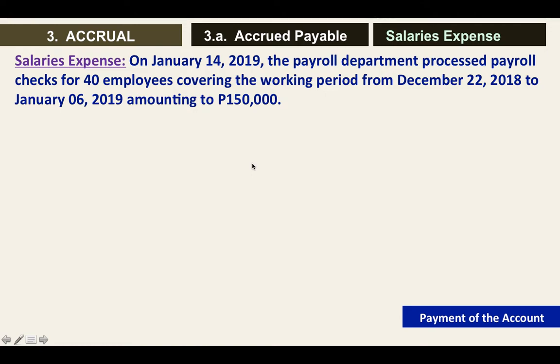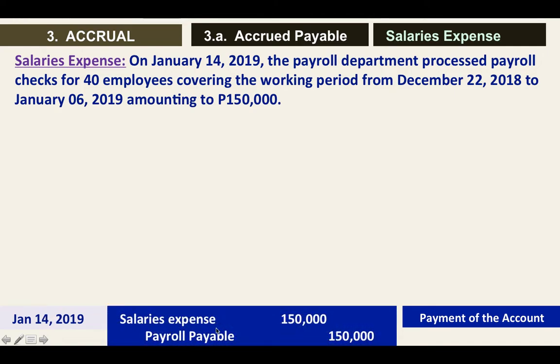So, class, nung yung payroll na ito, nalaman lang natin yung amount nung natapos na yung payroll on January 14, 2019. So, on January 14, 2019, of course, the company will pay the payroll right away. Debit salaries expense, 150,000, and credit payable, sinet up mo na yung payable at kung gusto ng bayaran, debit payable and credit cash.